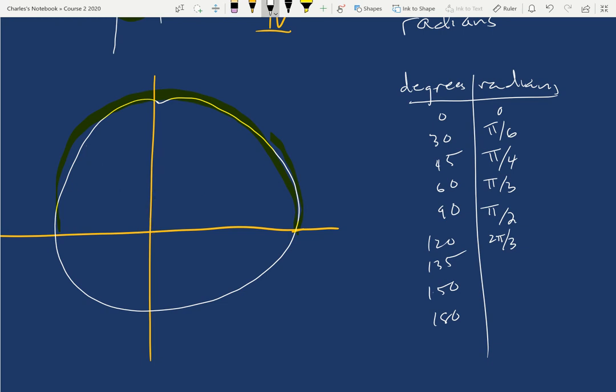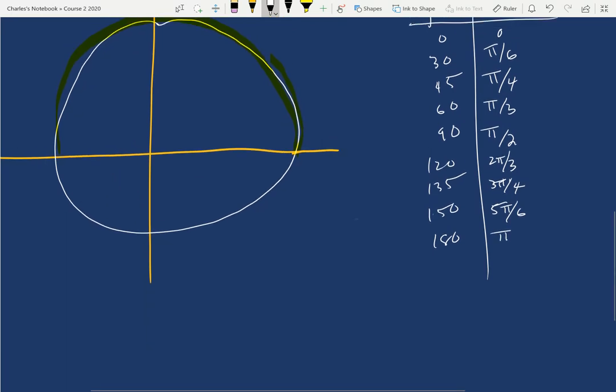Since a 45-degree angle was pi over 4, this is going to be 3 pi over 4. 150 degrees is going to be 5 pi over 6, because that's 5 30-degree angles. 180 degrees is going to be pi. That's where we started.